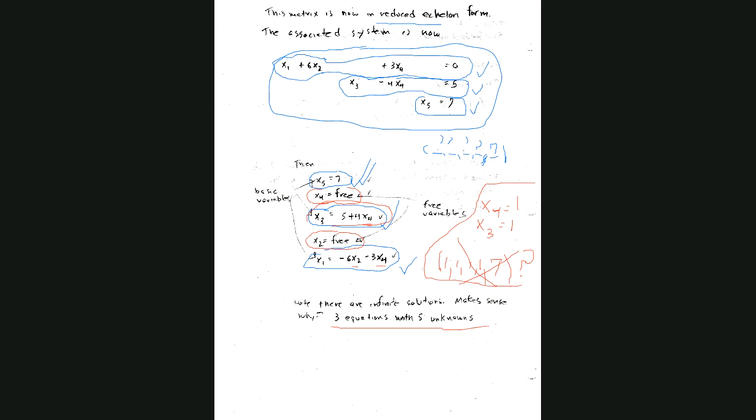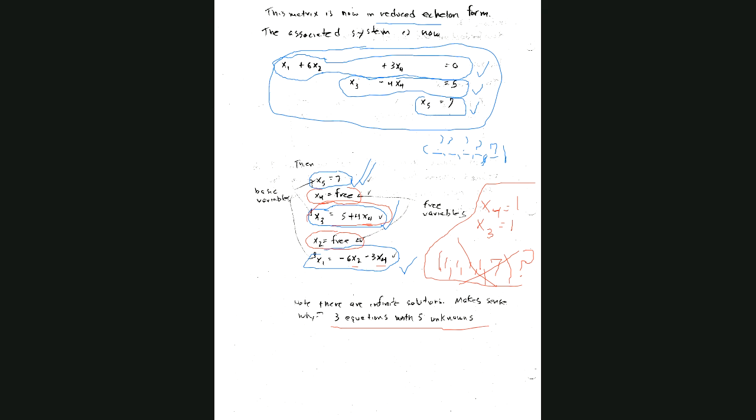Are there any questions on that before we move on? Okay, good question. Moshe's asking, do we have to have x2 and x4 be the free variables? You don't. You could let two of the other variables be free variables, and then solve the remaining three variables in terms of those.